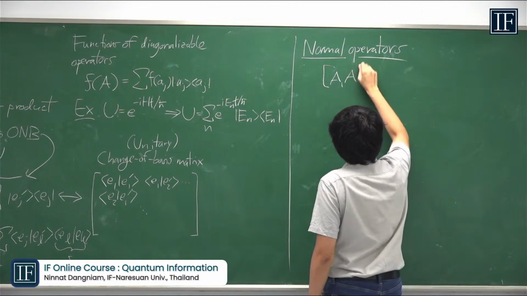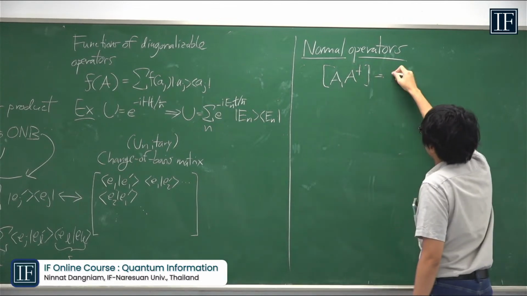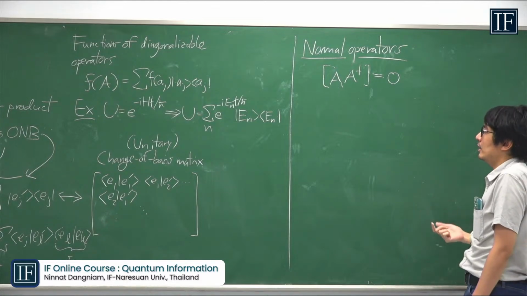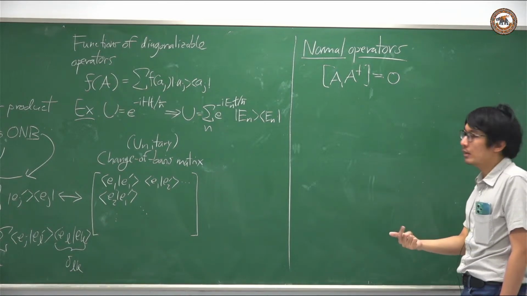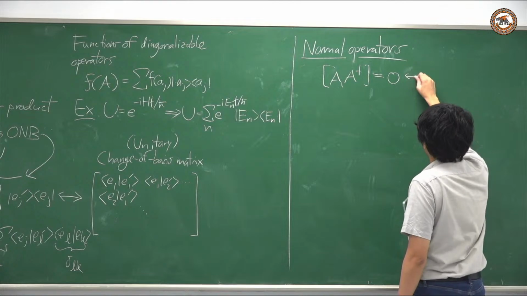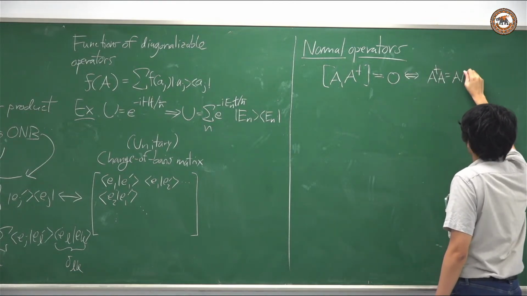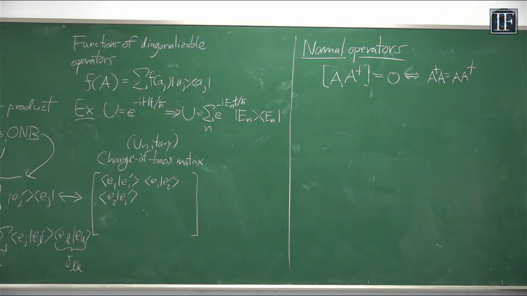So the definition is that we call an operator normal when A commutes with its own dagger. In other words, these two are the same. You can already see that a Hermitian operator is a special case of this.